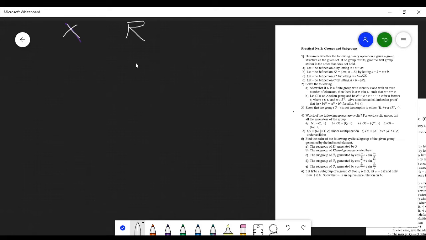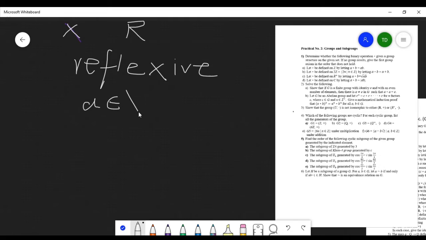How do we do so? R must be reflexive. R must be reflexive means what? For every element of X, if A belongs to X, then A must be related to itself, meaning the ordered pair AA must belong to R. This is the meaning of reflexivity.